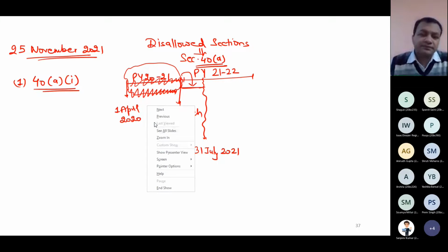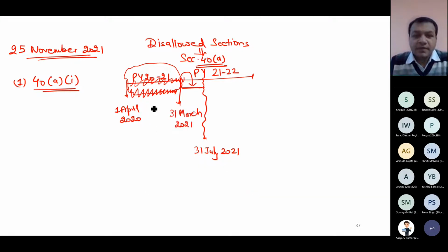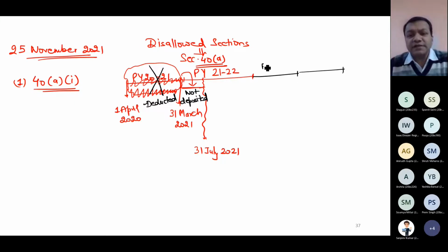So I deducted the TDS, but I didn't deposit it till 31st July. Then also I cannot debit the payment in 2021. But I can debit the payment when I actually deposit the tax.